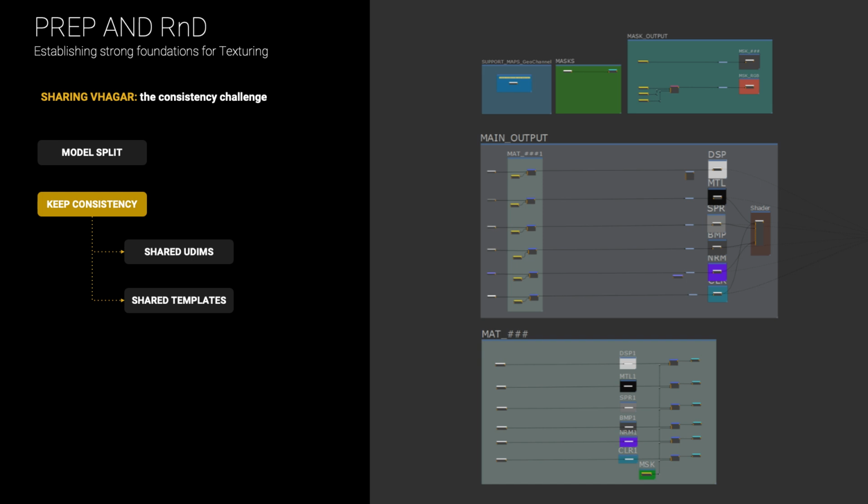There were more templates, making sure that we all use the same procedurals, tileables, and stuff like this, and the starting colors, because you cannot expect an artist to start on a gray shaded wing of the dragon on a gray shaded body. This wouldn't work. We need to start from the same point.